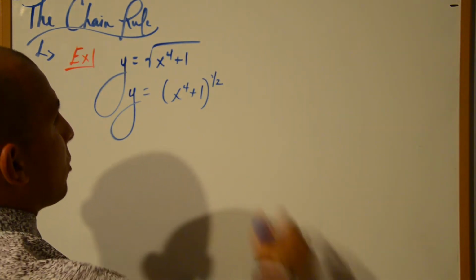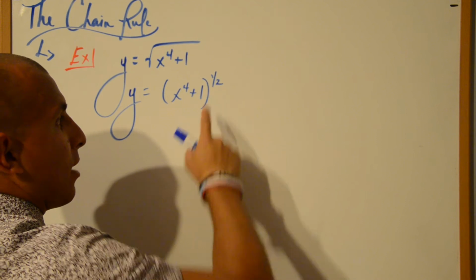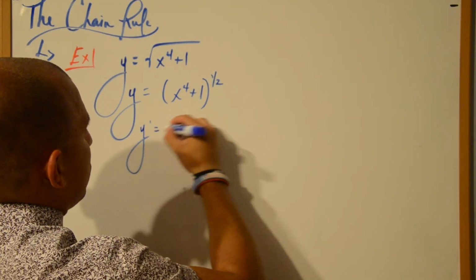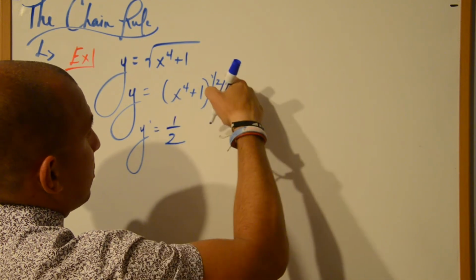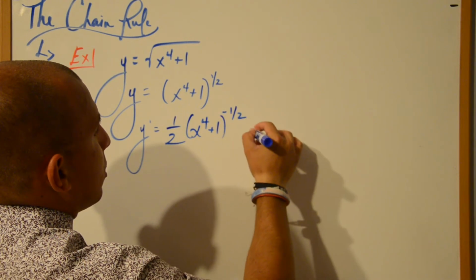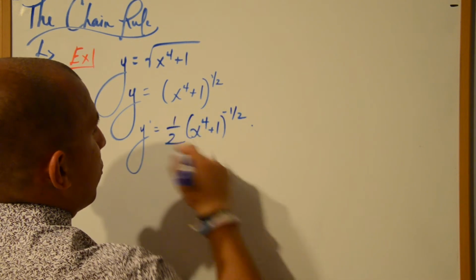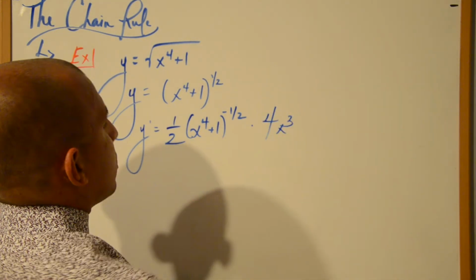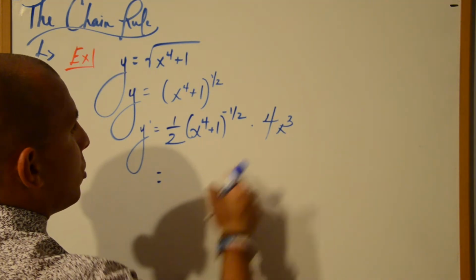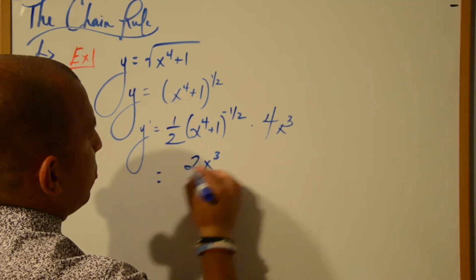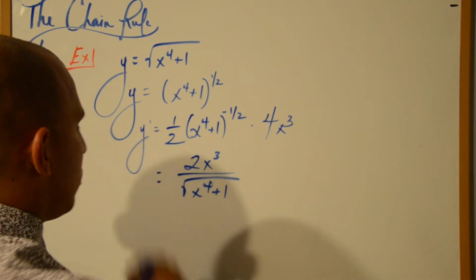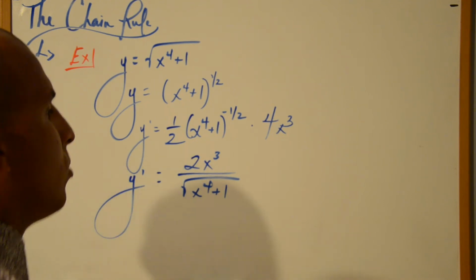My outer function is acting like a power rule, so y prime is equal to that 1/2 now becoming the coefficient, I subtract 1 from the exponent while maintaining my inner function, times the derivative of the inside, which is 4x to the 3rd. Once again, you can leave it here, but if you want to simplify, you're more than welcome to. 4 divided by 2 is 2, so 2x cubed over the square root of x to the fourth plus 1 is equal to y prime.